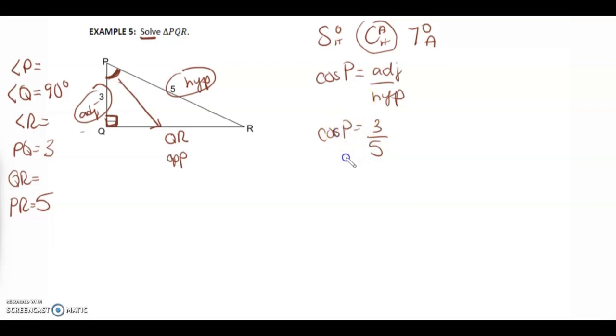Okay, so 3 over 5 gives us 0.6. So cos P equals 0.6. And in order to get the cos off of the P, we can cos inverse both sides. And we're left with P equals 53 degrees.